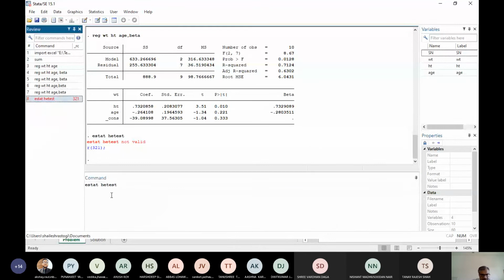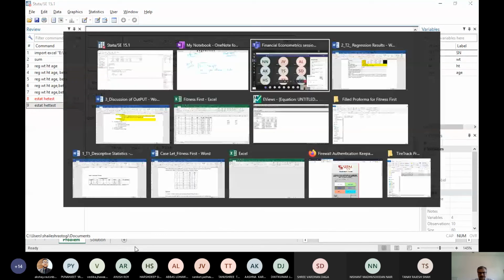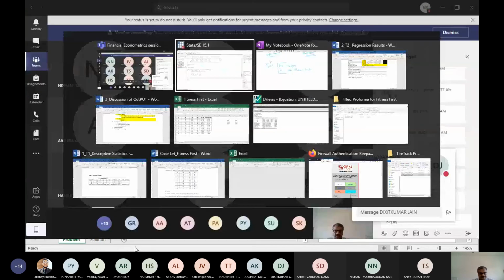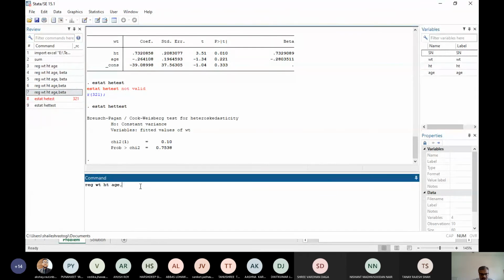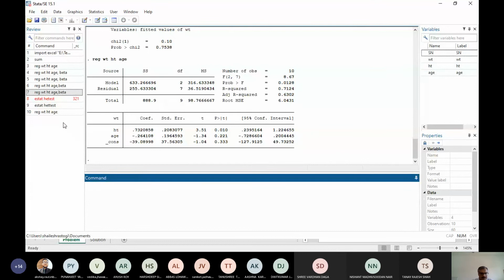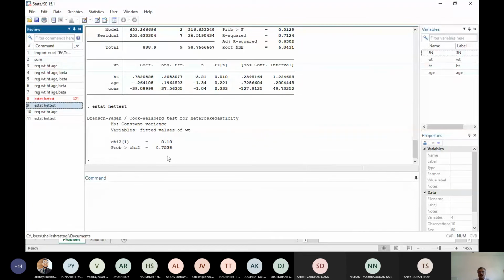Now it is the value. If you look at the value, let me repeat the whole thing. I straight away estimate, and then I just missed out one more t: hettest. So this is the value of the testing of hypothesis for testing of heteroscedasticity.